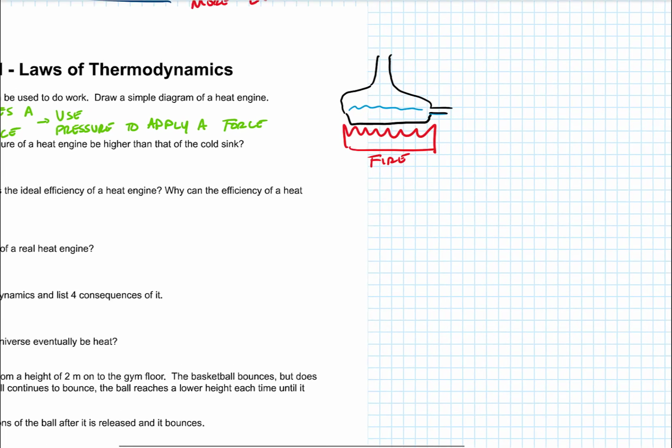As that water boils, it's going to turn some kind of fan device. So if we put a fan with little turbine blades in there, that boiling water heats the fan, and then that steam escapes.